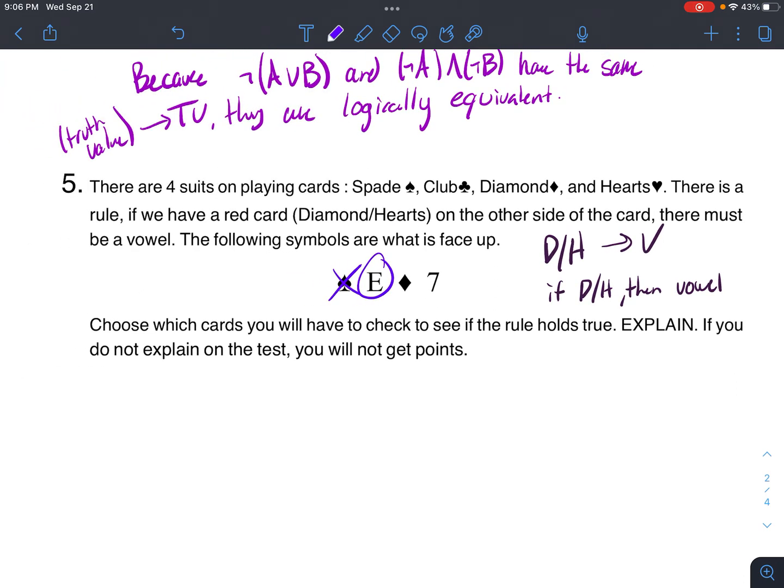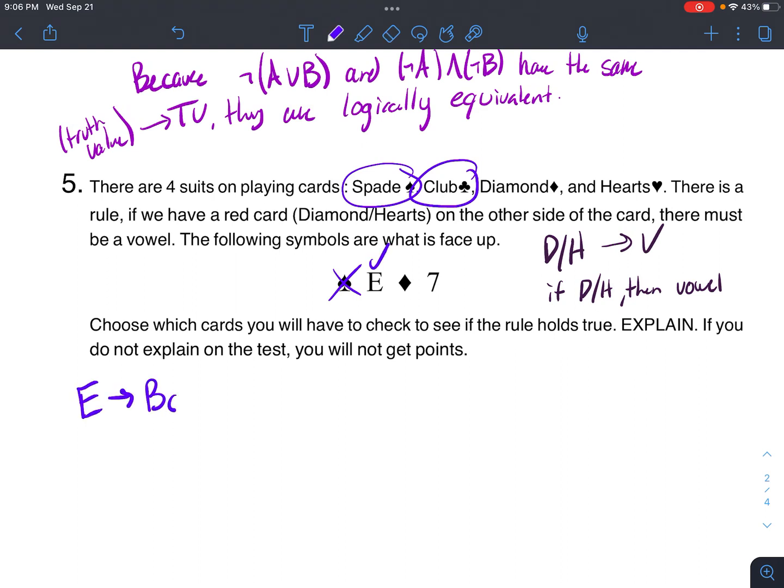Do we have to check the E? E is a vowel. Now think about the other side of the card. If I flip the E over, what would invalidate my original statement? Something that would invalidate it is pulling a spade or a club. So we do have to check E.